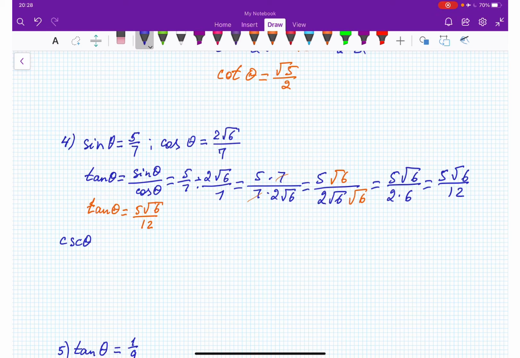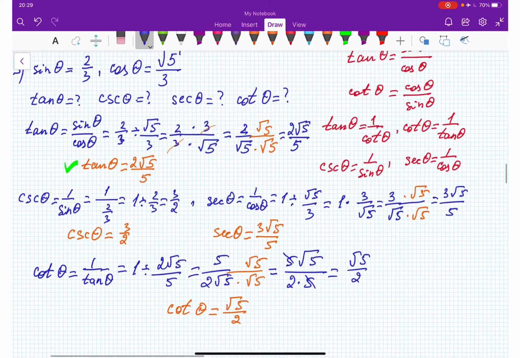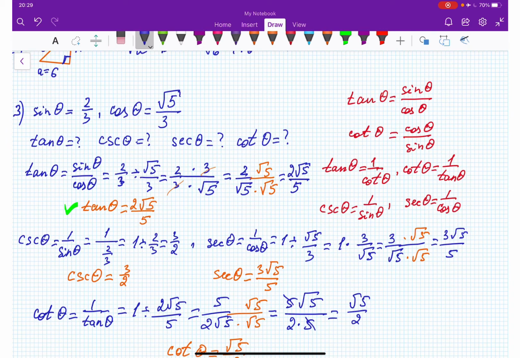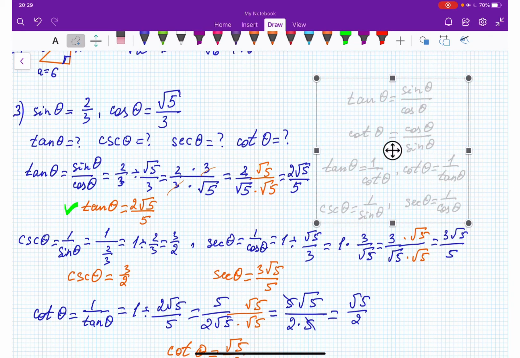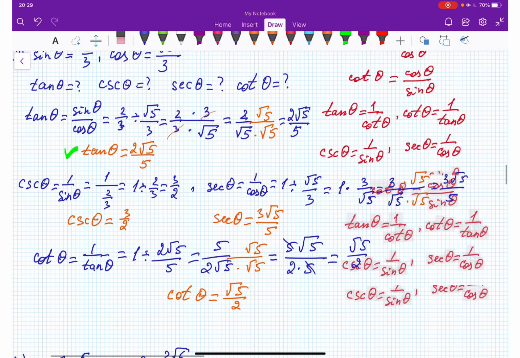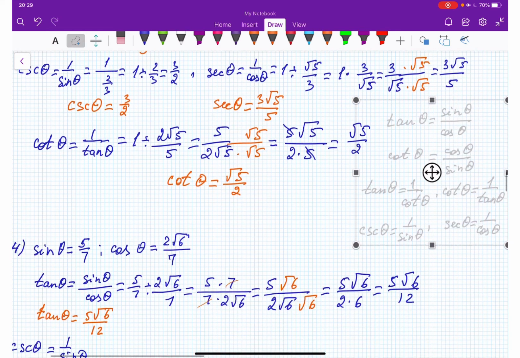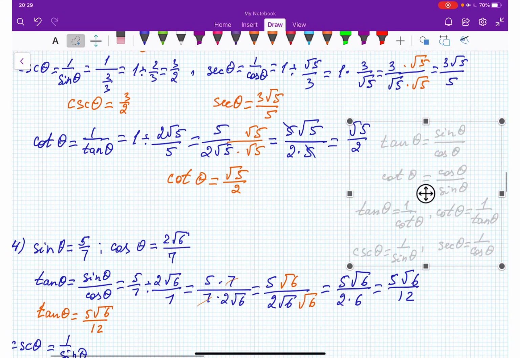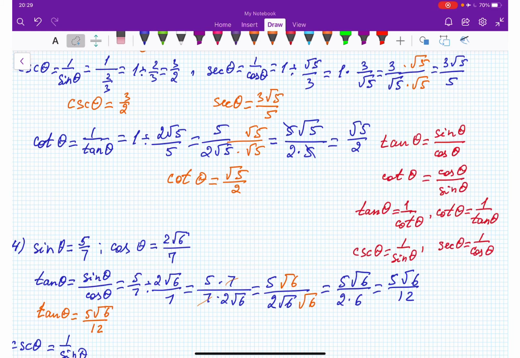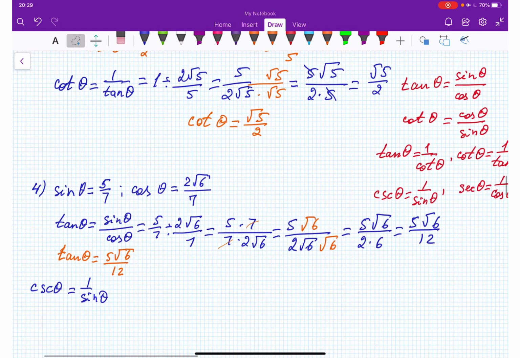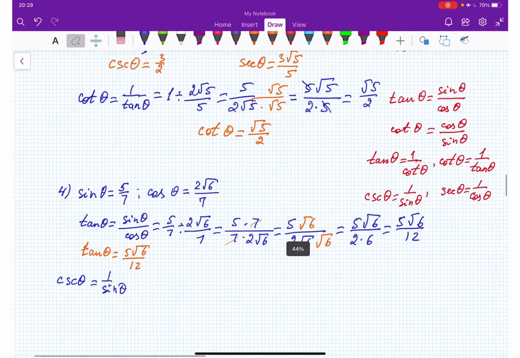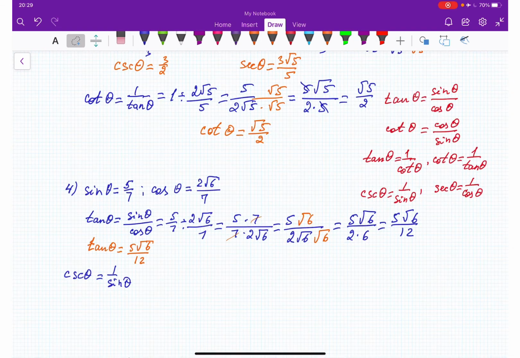Cosecant theta is equal to 1 over sine theta. Let me see if I can bring down this formula. Trig functions identity, bring it down so we can use it. I will try to move it down as we use it. There we go. Much better.